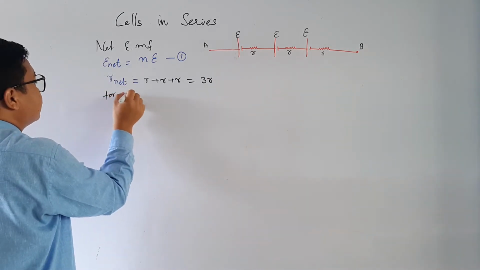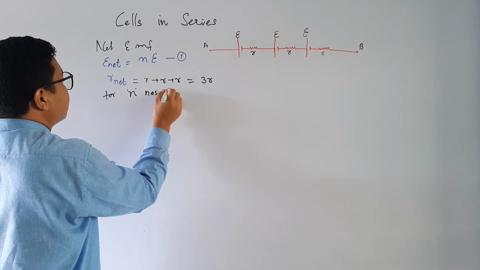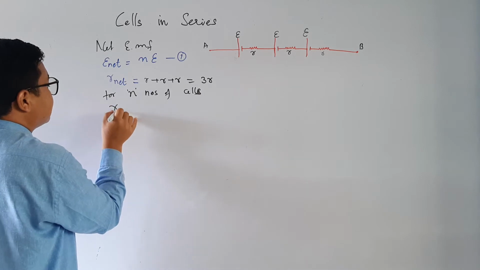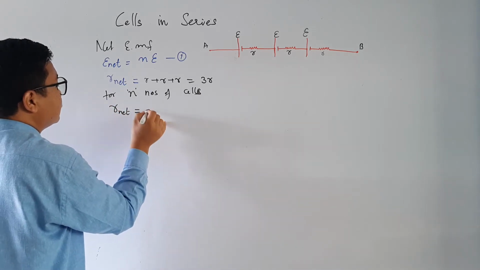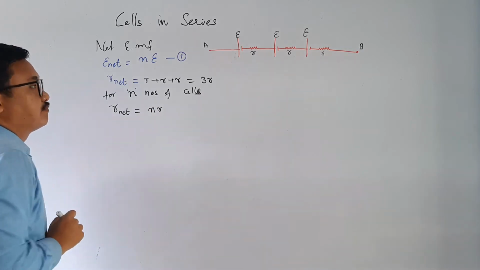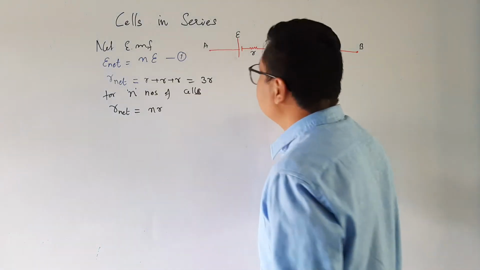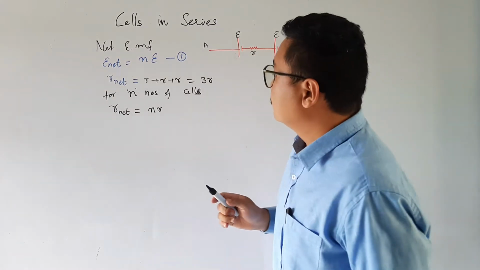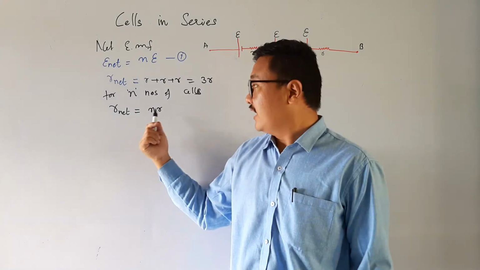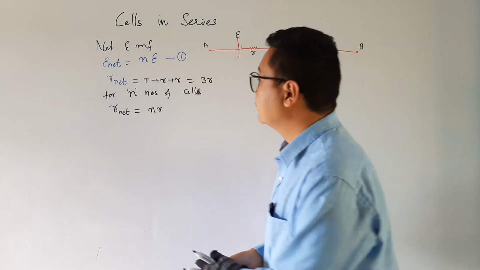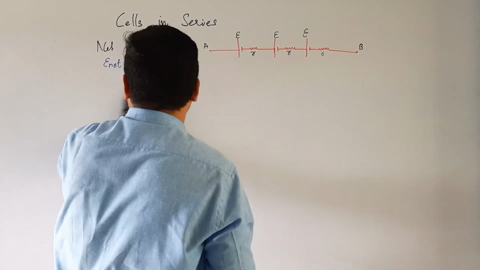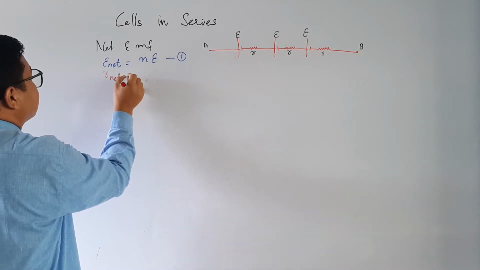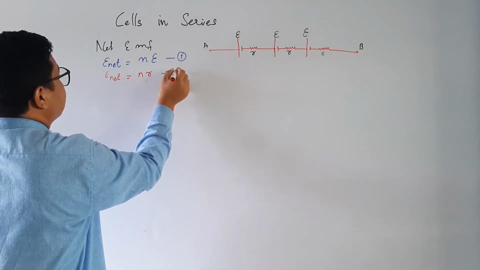Similarly, for n numbers of cells, the net internal resistance will be equal to n small letter r, because for 3 cells there are 3 internal resistance, and for n cells there will be nr. Understood? So let this be equation number 2, that r net is equal to nr.